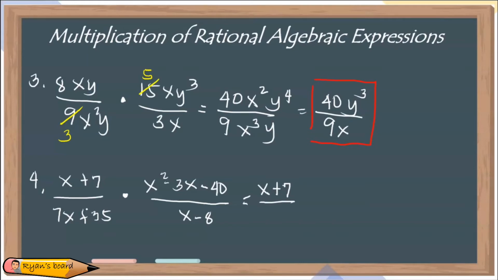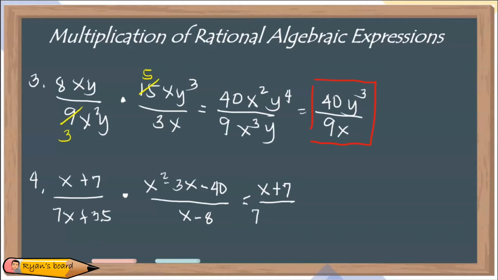Now, itong denominator natin na 7x plus 35, una, sabi ko kapag mag-factor ka ng polynomial, una mong tatanungin, meron bang GCF yan? Kasi kung meron, automatic, that's common monomial factor. So, what is the GCF of 7x and 35? Meron. That is 7. So, labas mo ngayon yung 7.